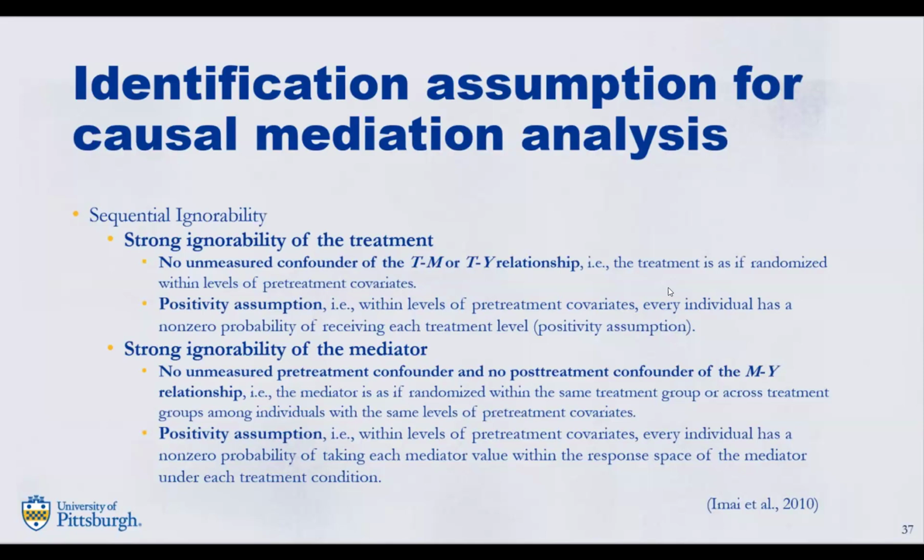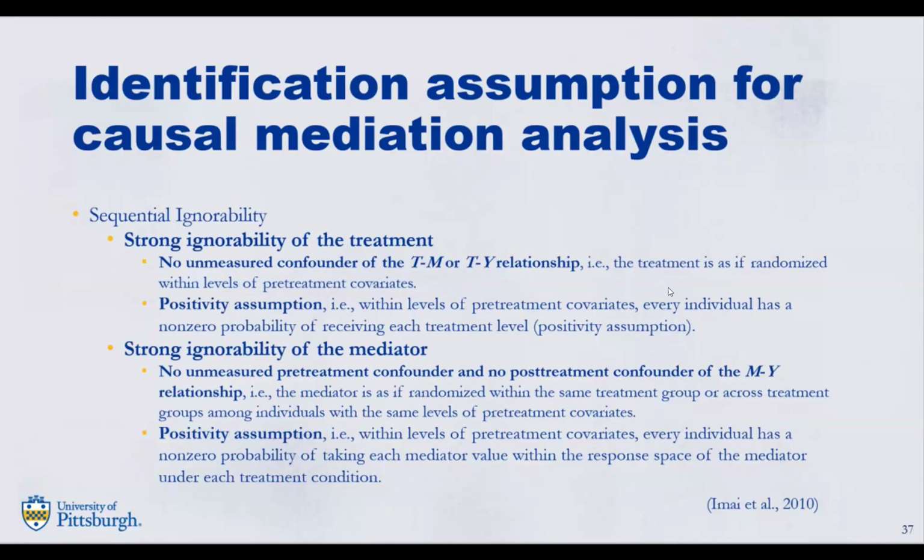So as you may notice, in the causal world, we have different assumptions. The first set of assumptions is for the definition of the potential outcomes. And the second set of assumptions here are for identification. And later on, we're going to discuss and introduce sensitivity analysis for assessing the influence of violations of such assumptions.